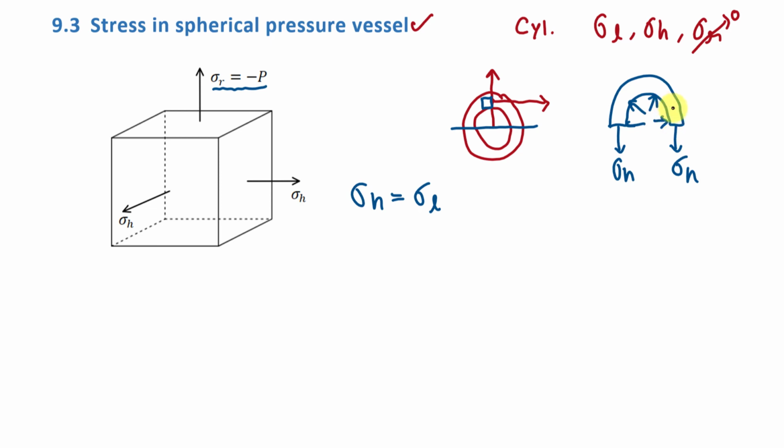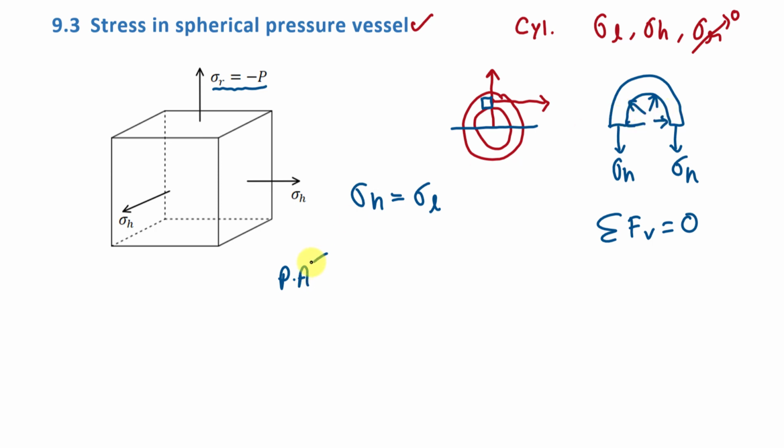And we know that it is in equilibrium, so we will take sum of forces in vertical direction is equal to 0. So actually force by this pressure and force by this stress is equal. And here what will be the value of force by this pressure? That is pressure into area. And we also know that pressure force on curved surface is taken as pressure on projected area of this curved surface.